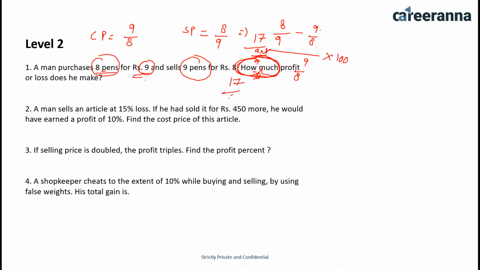So it is 17 divided by 81 multiplied by 100. Is it? So it will come to around 21%.